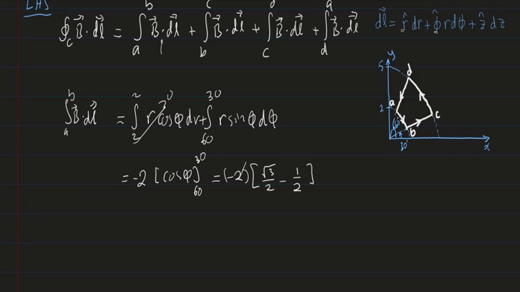So the 2 will cancel out, and because I have the minus sign here, it will be 1 minus square root of 3. So this is for the segment A to B.